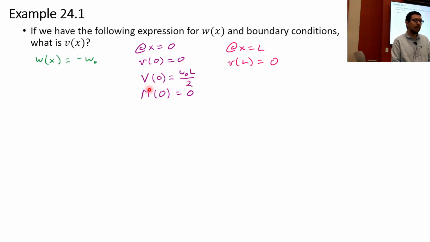And a little more information: no, there's no geometry here. When x is equal to 0, the shear force is equal to some quantity, and when x is equal to 0, there's no moment on that side.